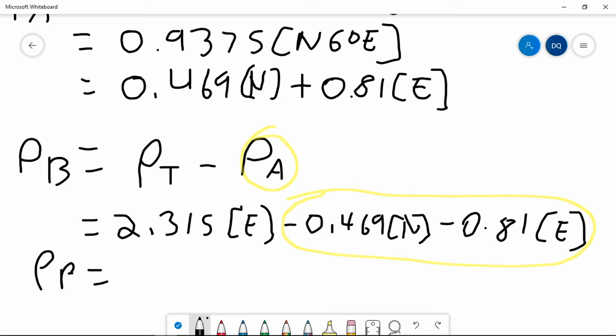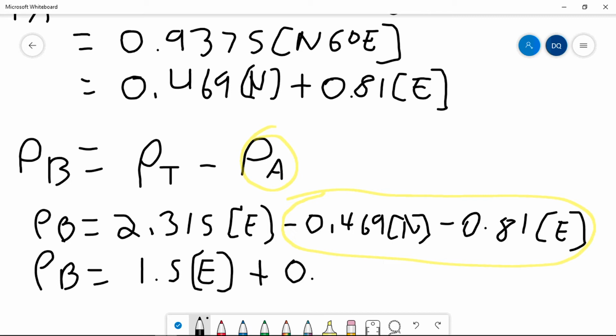So the momentum of ball B is 2.315 minus 0.81, and that gives me 1.5 kilogram meters per second east. And from that, I'm subtracting 0.469 kilogram meters per second north, which is the same as adding 0.469 kilogram meters per second south.